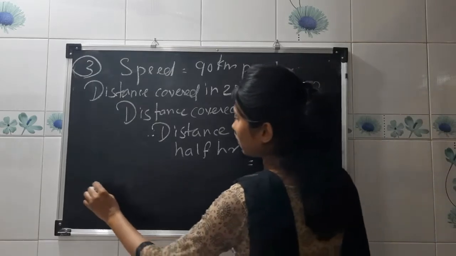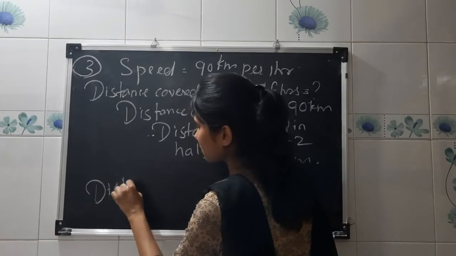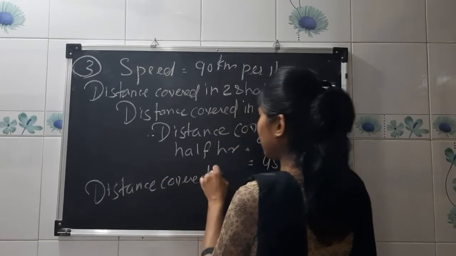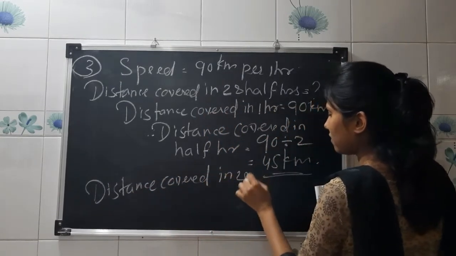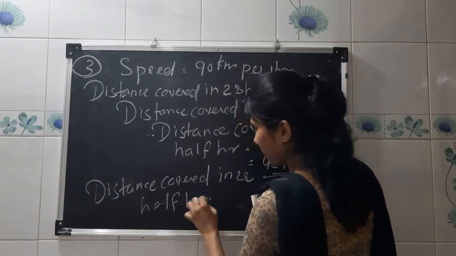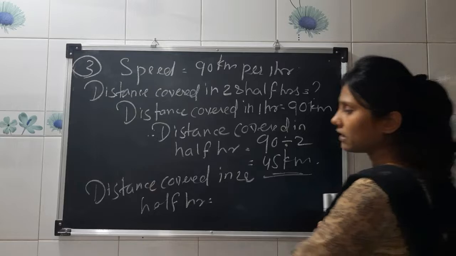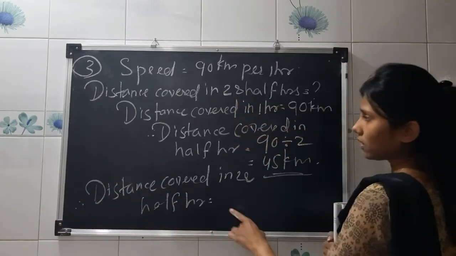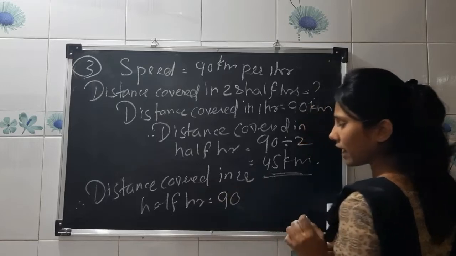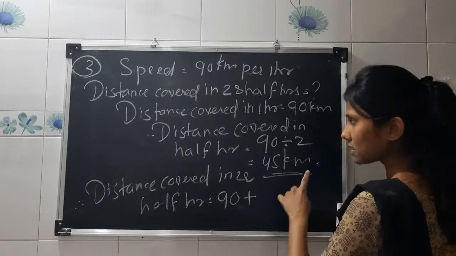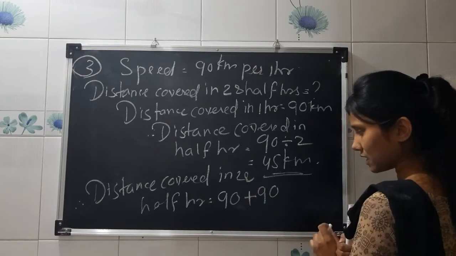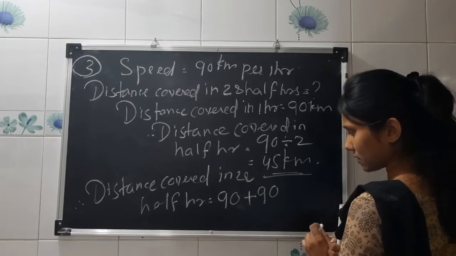Now we have to find out the distance covered in 2.5 hours. Distance covered in 2.5 hours means distance covered in 1 hour, 90 kilometers, plus again distance covered in 1 hour, 90 kilometers.